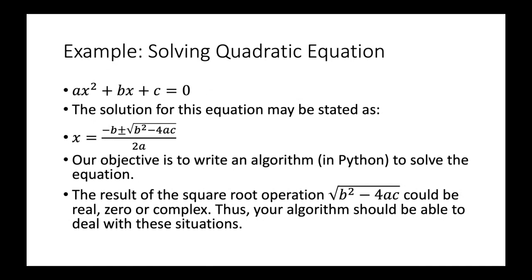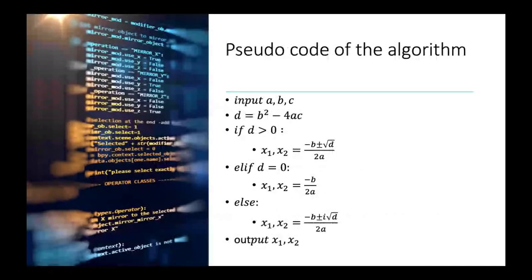So something to note here is that this value of the square root might be problematic, because if 4ac is greater than b squared, then you will have a complex number. So your algorithm should be able to deal with this situation. So in the algorithm, you will need to input a, b, and c, and then calculate d.